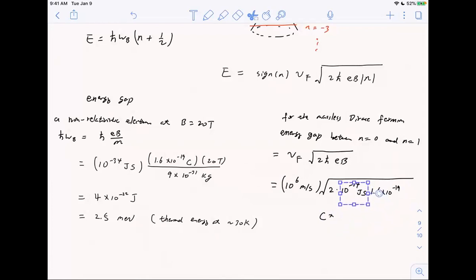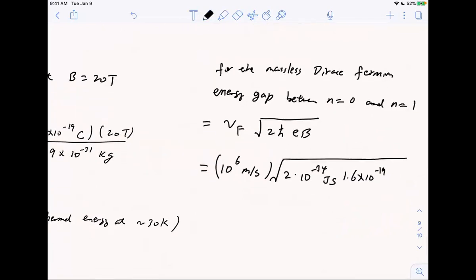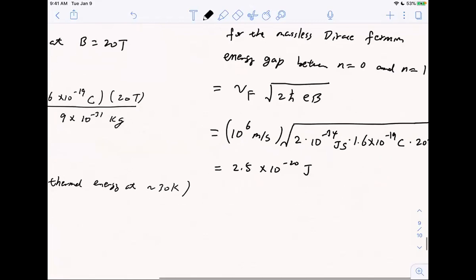This is h bar. Okay. And then 20 Tesla. So this is about 2.5 times 10 to the negative 20 joule.